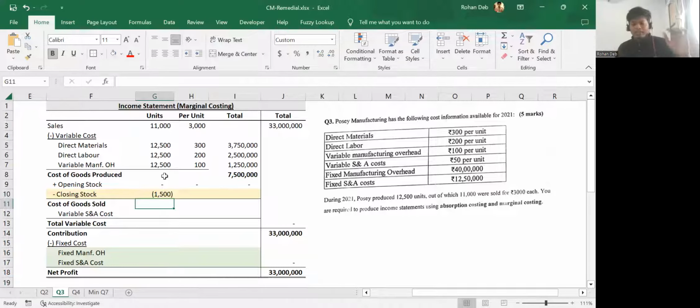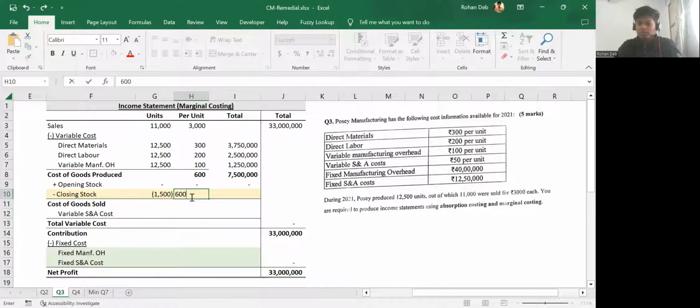What I'm doing is basically I've incurred variable cost on 12,500 units. But let me just sum this up. So I have incurred cost on 12,500 units, but I have only sold 11,000 units. So 1,500 units are still with me. What is the price of these 1,500 units? It's 600 rupees, because that is what I have incurred to produce these units.